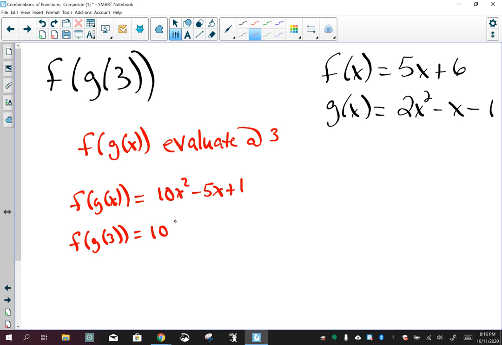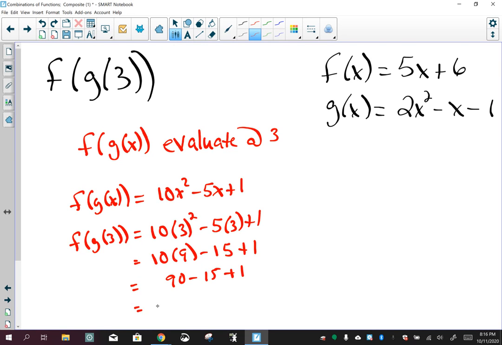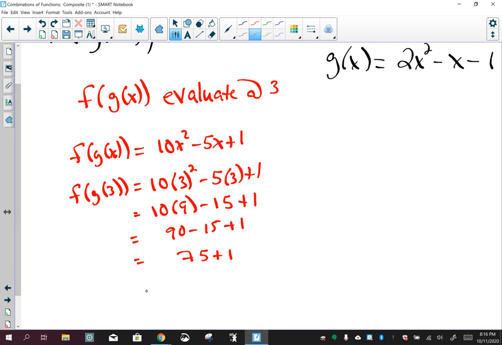So this becomes 10 times 3 squared minus 5 times 3 plus 1. So 10 times 9 minus 15 plus 1. That's 90 minus 15 plus 1. So that becomes 75 plus 1, which winds up being 76. And that's my final answer.